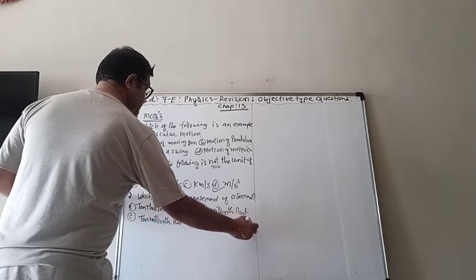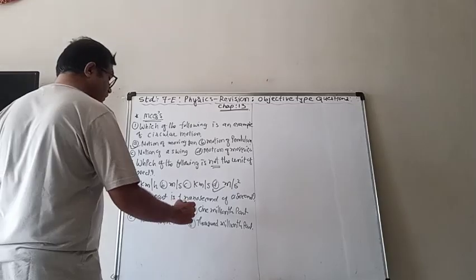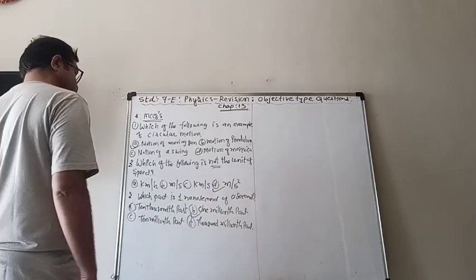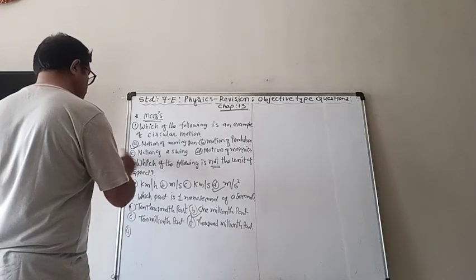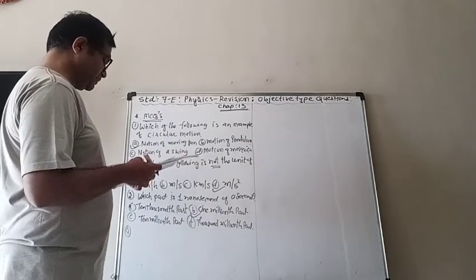So now we know that it is the 1,000,000th part. So 1 nanosecond is the 1,000,000th part of 1 second.